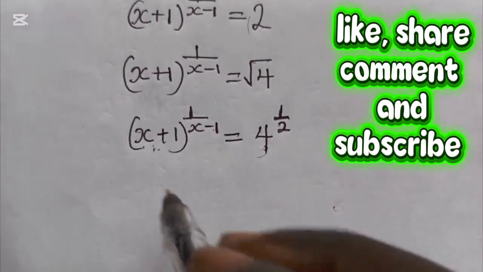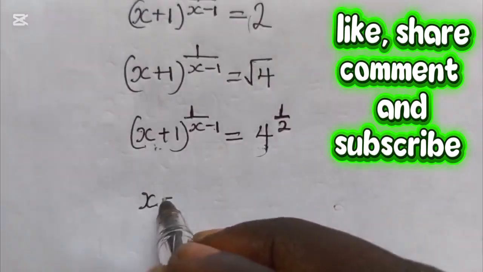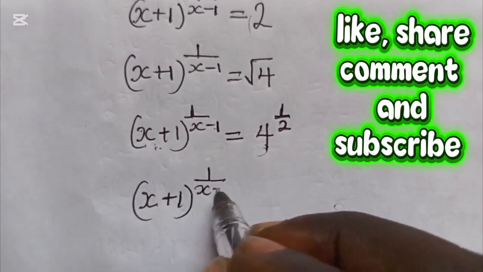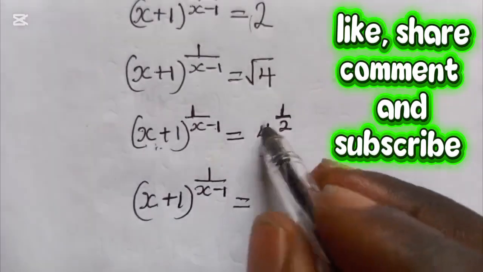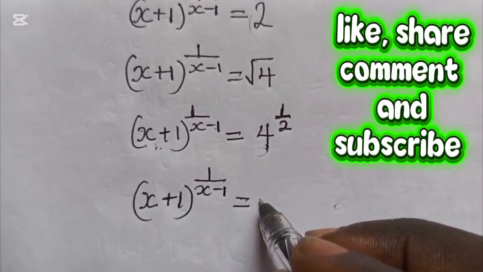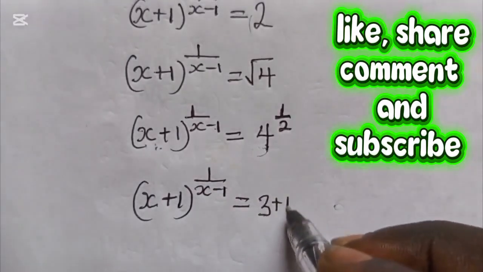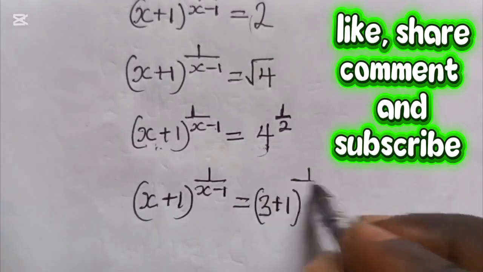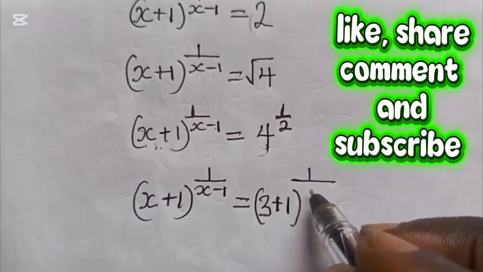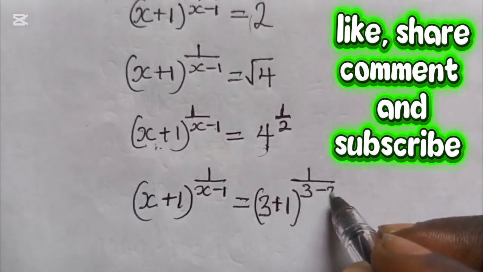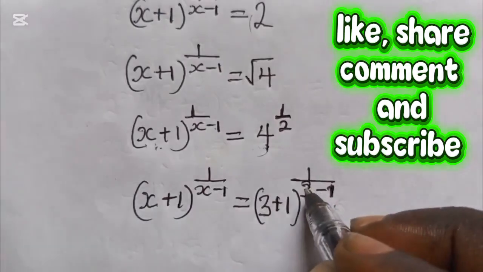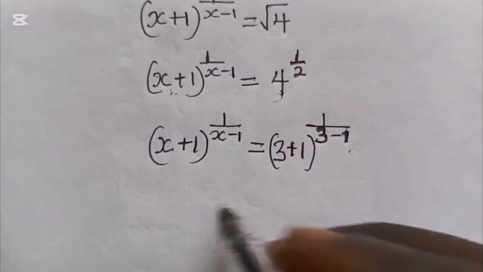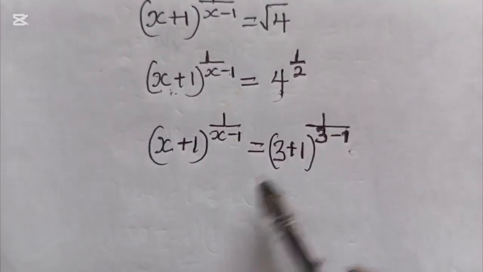So we can easily write this as x plus 1 raised to the power of 1 over x minus 1 to be, our 4 will now be 3 plus 1, and 1 divided by our 2 here will also be 3 minus 1, because 3 minus 1 will also give us 2.